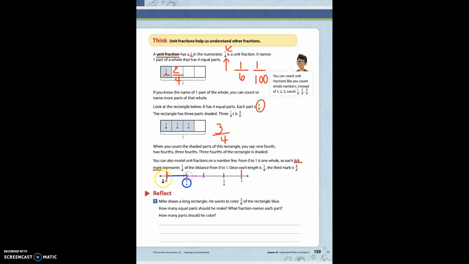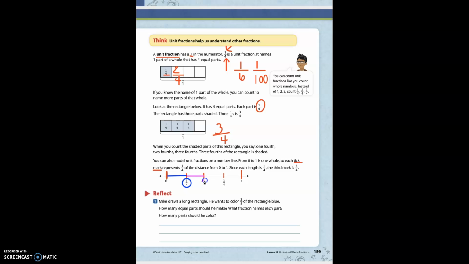But if you add this part plus this part, what do you think goes here? If this is 1/4 from 0 to that point, what would be this pink color? If this is 1/4, and you add another 1/4 to it, what would go here?